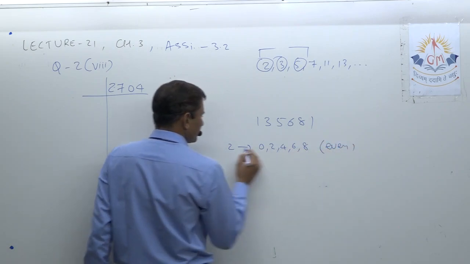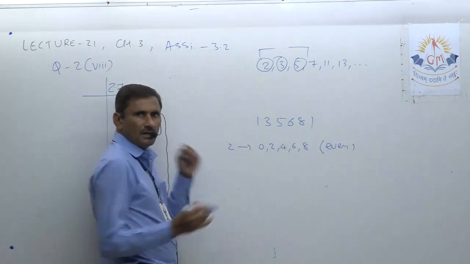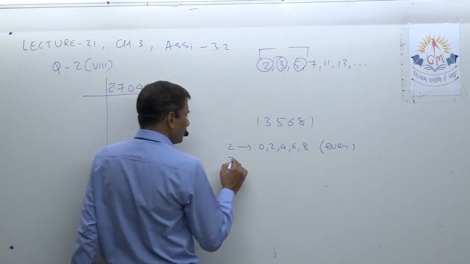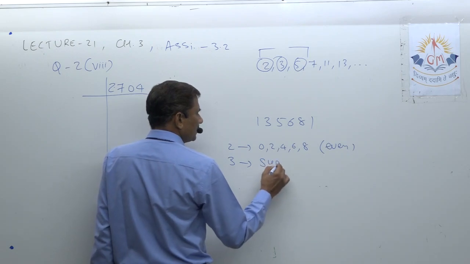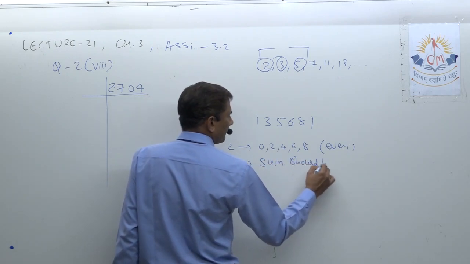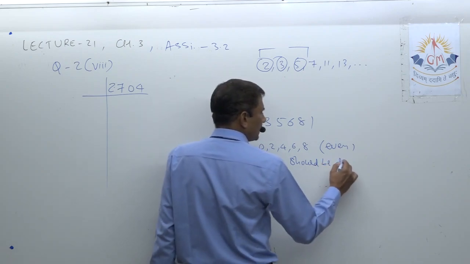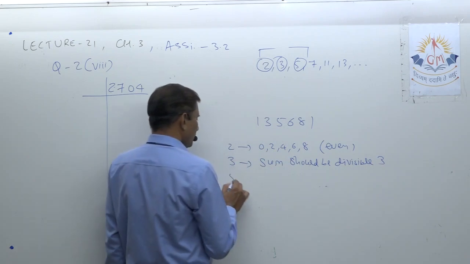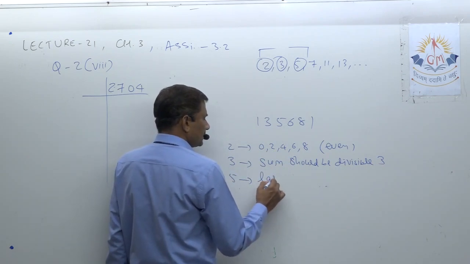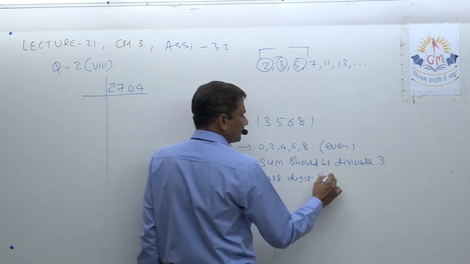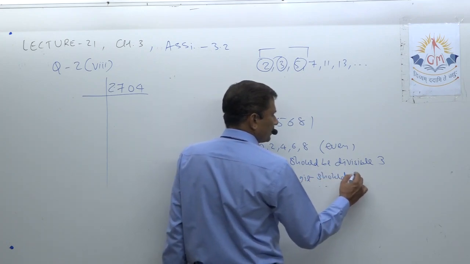For 3, the sum of digits should be divisible by 3. For 5, the last digit, means the unit digit, should be 0 or 5.